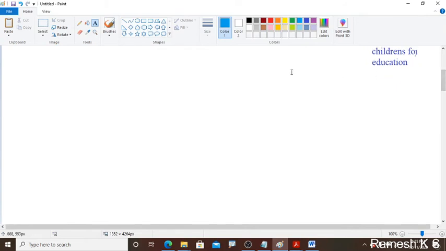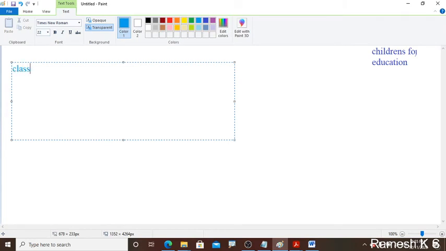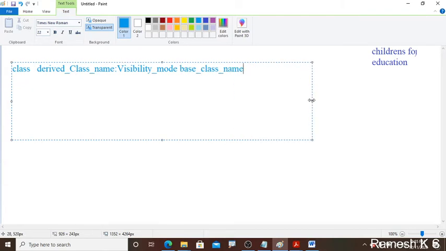So how am I going to derive a derived class? The syntax is: class derived class name colon visibility mode base class name. This is the most important syntax.